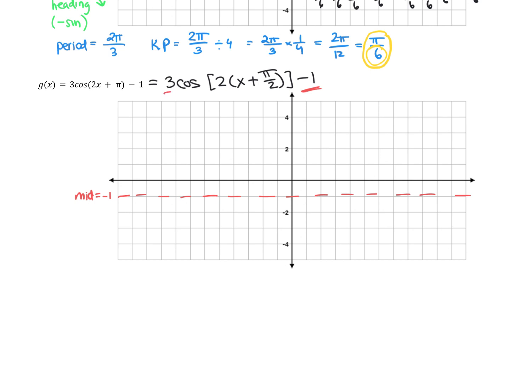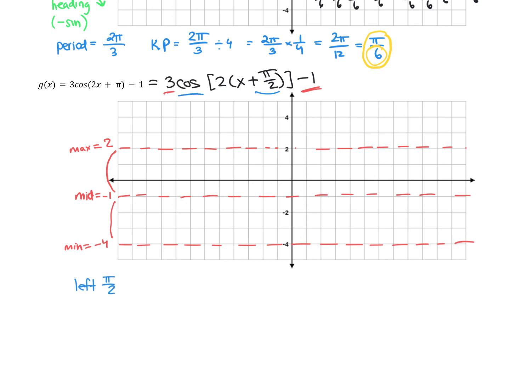My amplitude is 3. So 3 above takes me to 2 for my maximum. 3 below takes me to -4 for my minimum. I also see that my phase shift is left pi over 2.